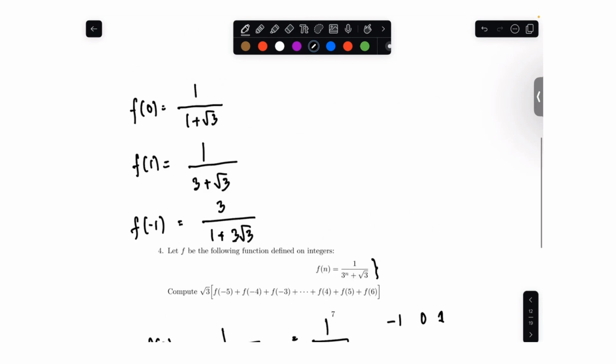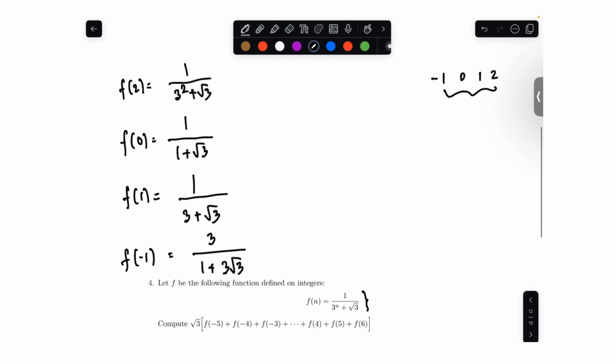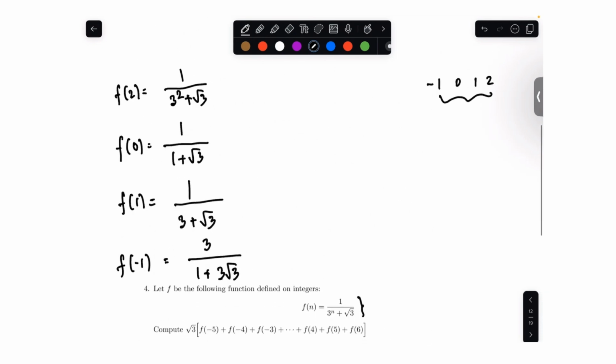So let's do, so what we'll do is, now we will do -1, 0, 1, and 2. That's an easy generalization of this, right? So we will try to do that. So let's do f of 2. So f of 2 is 1 by 3 square plus root 3. Is it true? Yes. So, okay, this sounds interesting, and I think I have understood it.